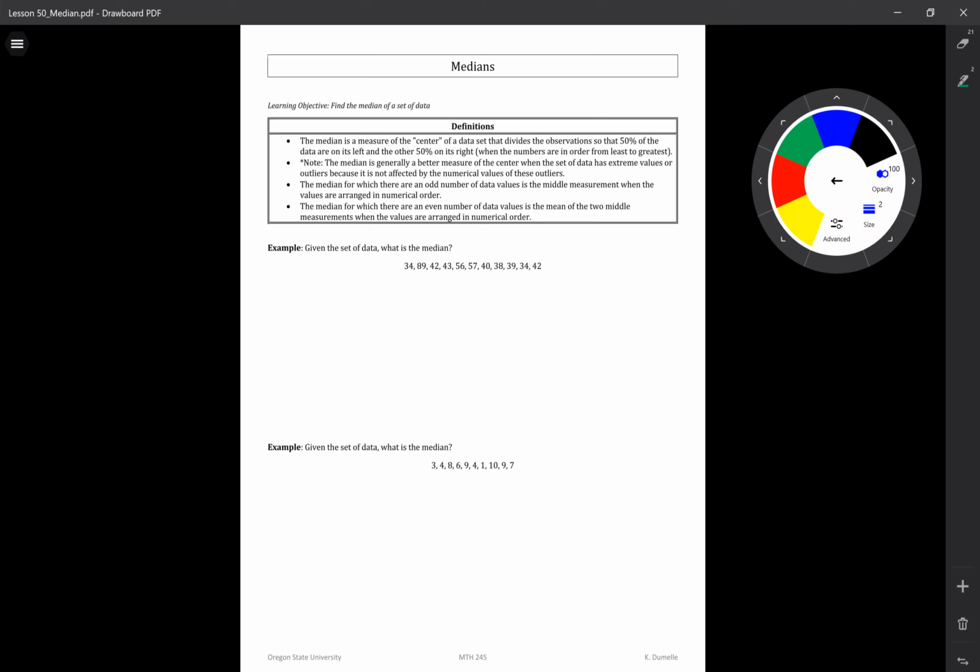So we have two data sets here, and I want to find the median. The first thing that I need to do is order them from least to greatest. So if I look at my first data set here, I see that the least is 34, and I have two of those. So I'm going to say 34, 34. After that, it looks like my next one is 38, then 39.